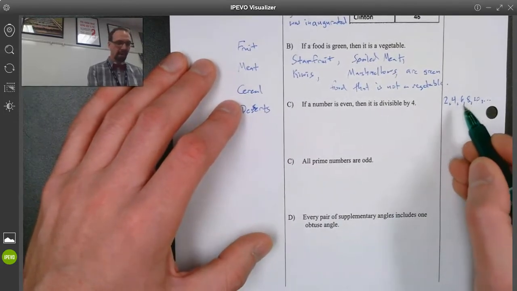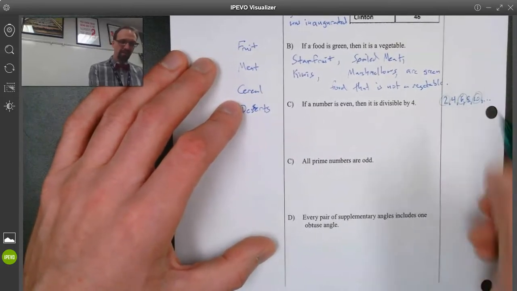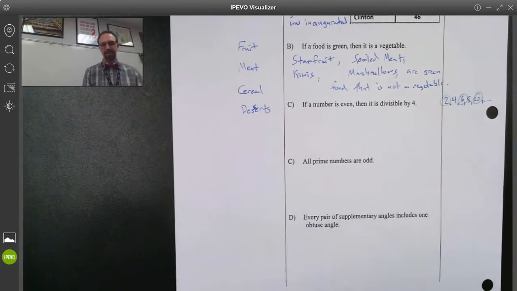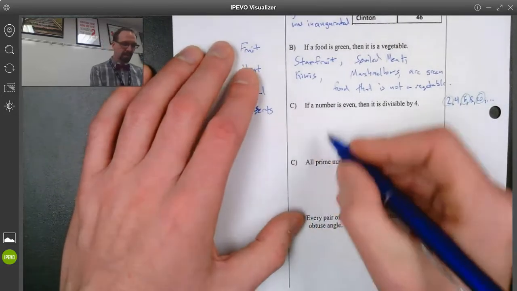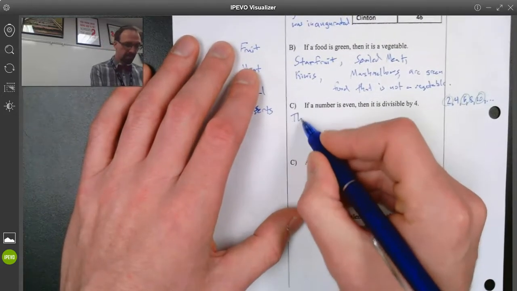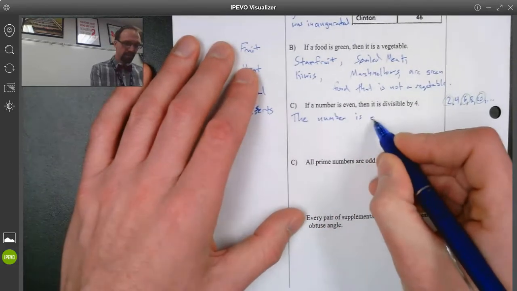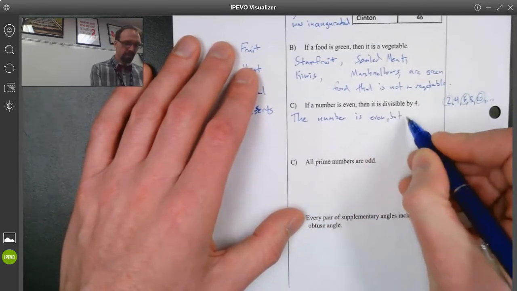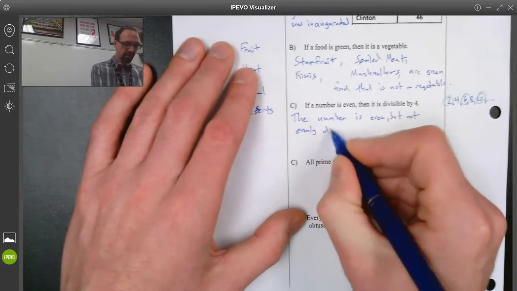Each of those are not evenly divisible by 4. So when I'm talking about divisible by 4, I do mean evenly, in that the number that I will obtain is not a decimal or a fraction. So the number 2 is even, but not evenly divisible by 4.